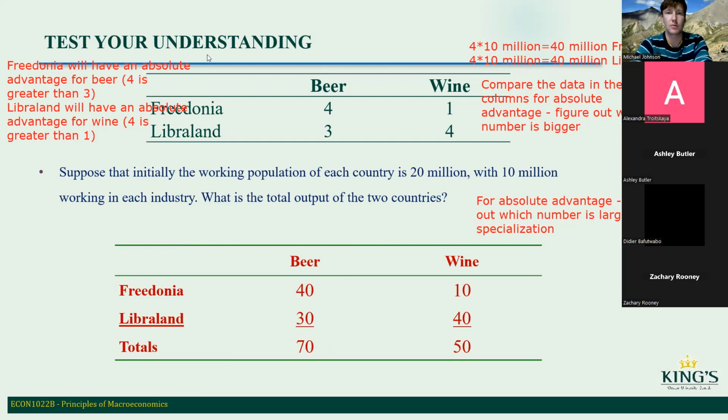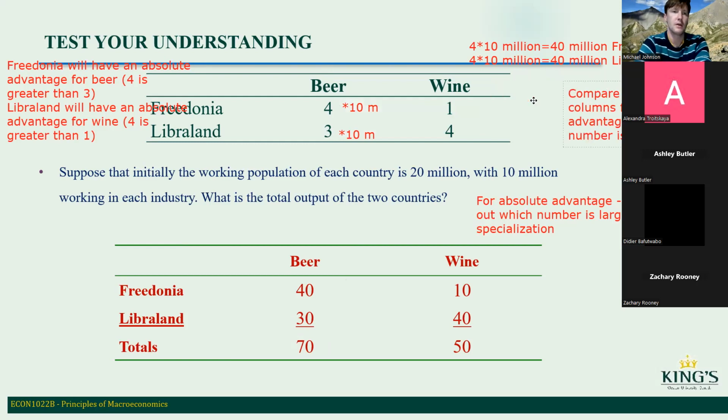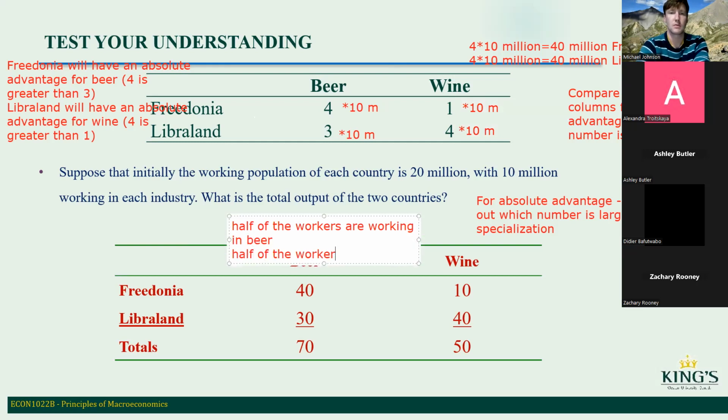And I think the next question is when you specialize. So I think they just wanted to show us what it would be for specialization. In this case, half of the workers are working in beer, and half of the workers are working in wine.